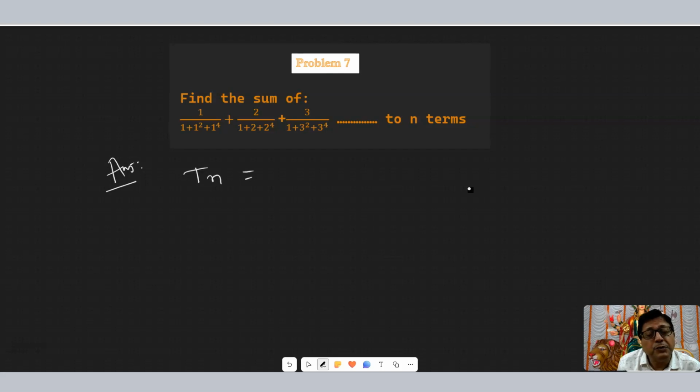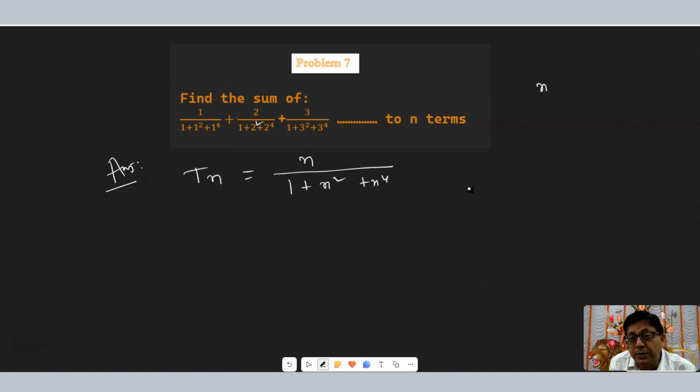The nth term of 1, 2, 3, it is n. And in the denominator, it is 1 plus 1 changing to 2, this is 2 square, there 3 square. So it will be 1 plus n square plus n to the power 4.